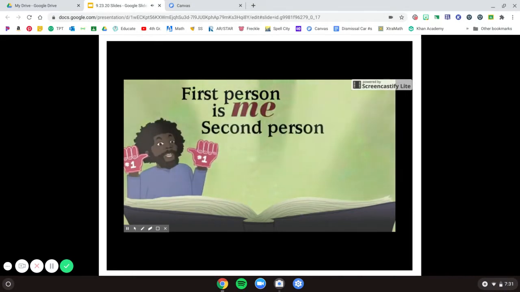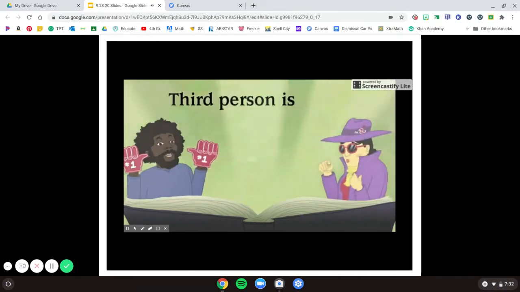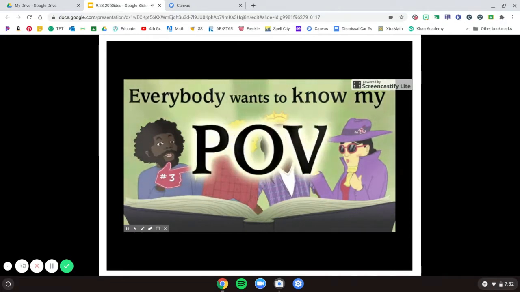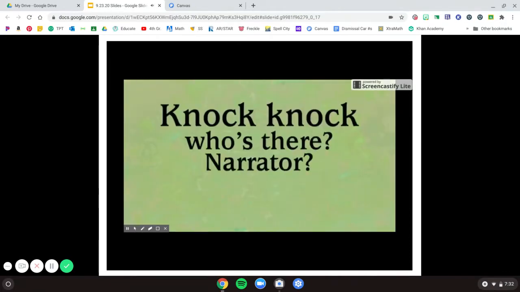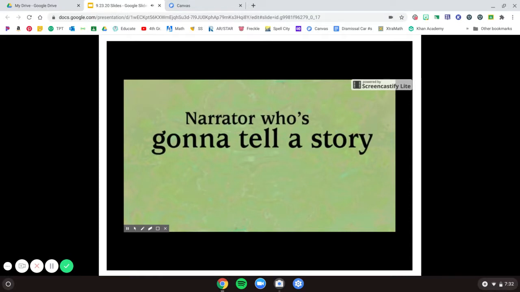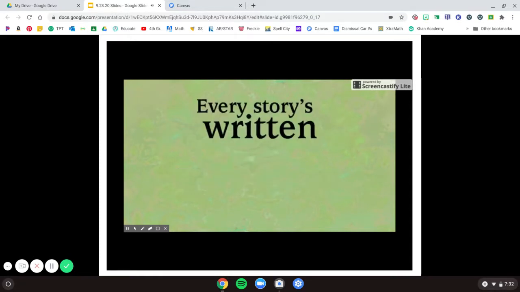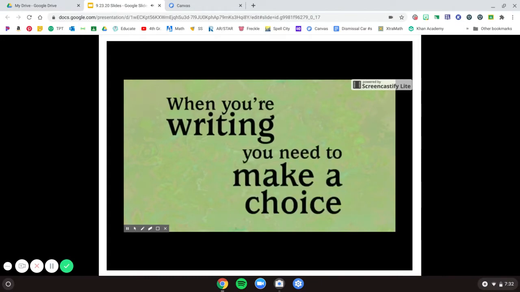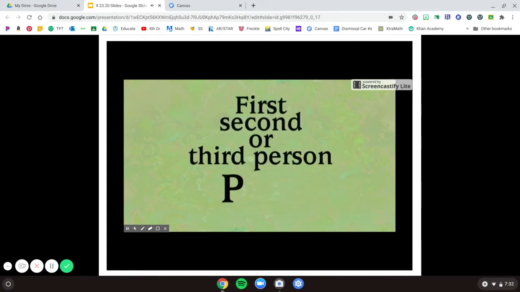First person is me, second person is you. Third person is he, third person is she. Everybody wants to know my POV. Hey yo, knock knock, who's there? Narrator, who? Narrator, who gonna tell the story from a point of view? Every story's written in a certain voice. When you're writing, you need to make a choice. First, second, or third person, POV.